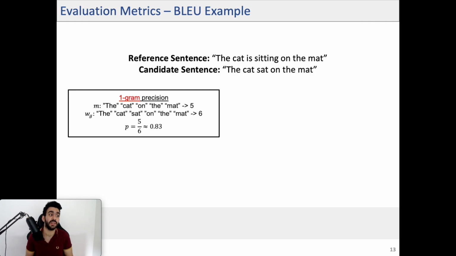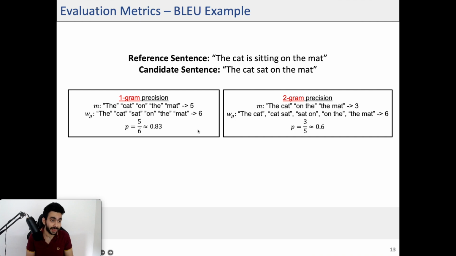So we have 6 words in the generated summary, and we can calculate the precision as 5/6, which is about 0.83. Getting to the bigram or 2-gram precision, m is going to be 3, and the number of bigrams in the generated summary is still 6.